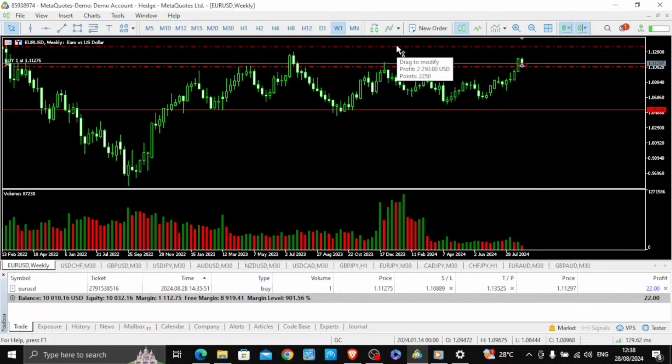And we are risking 38 pips, so I'm going for 3 times. 38 times 3 is what? 3 times 2 is 76. Okay. Which is around 100. I'll go for about 100 pips or more.